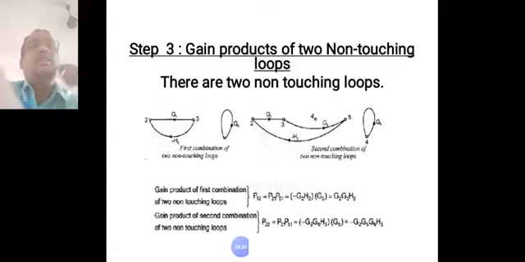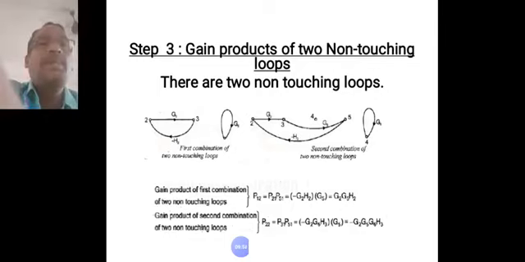Here 2 combinations of non-touching loops are present in this problem. The first combination of 2 non-touching loops is taken as P12, that is the product of P21 and P51, which we have already seen in the previous section.